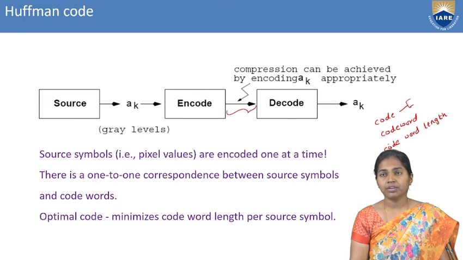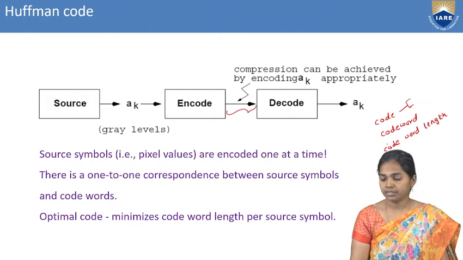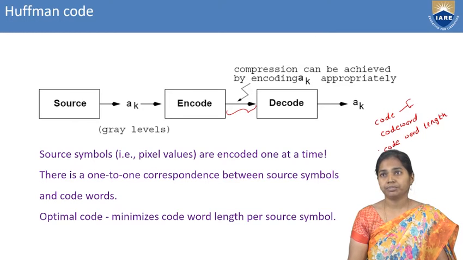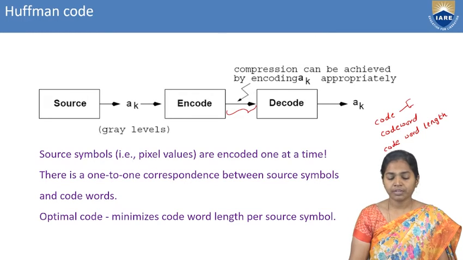So in each word, how many symbols we are using, that is the code word. Code word length means when we represent a gray level, how many bits we are using to represent that particular gray level. There is a one-to-one correspondence between source symbols and code words.